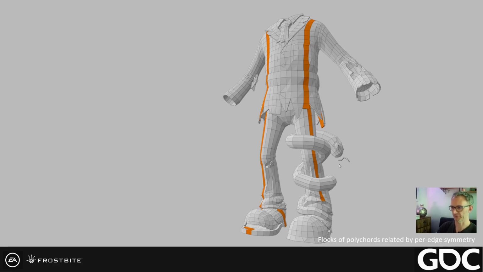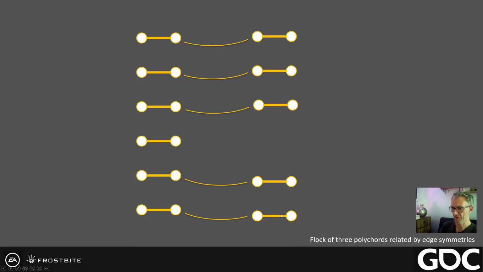And in this case, for example, there are polychords on the obvious left and right, but there are other polychords involved which have become kind of entangled with them by other collapses. And so in general you can have what we call flocks of polychords, where any number of polychords can be related by these per edge symmetry links.